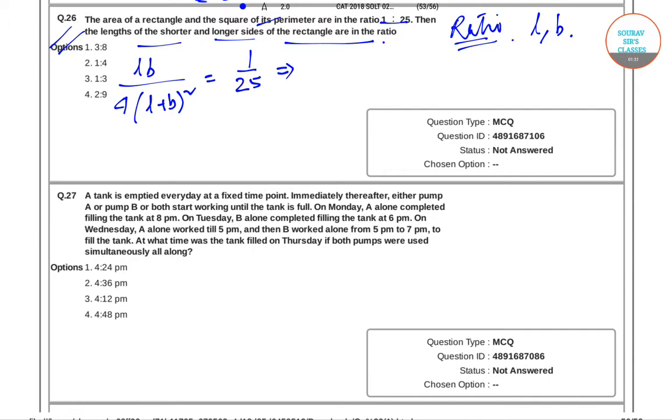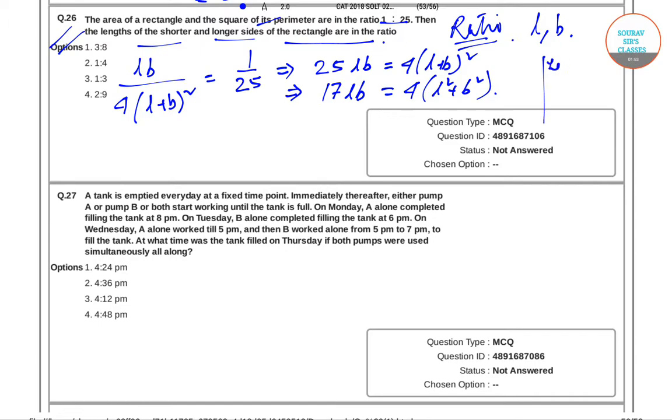So this implies 25 LB is equal to 4 into (L plus B) whole square, and upon breaking it down this gives us 17 LB equal to 4 (L square plus B square).